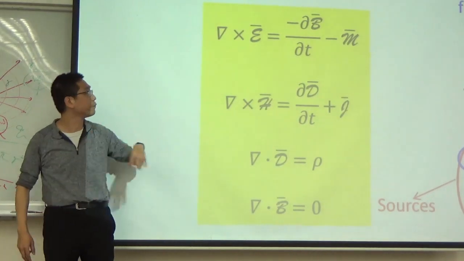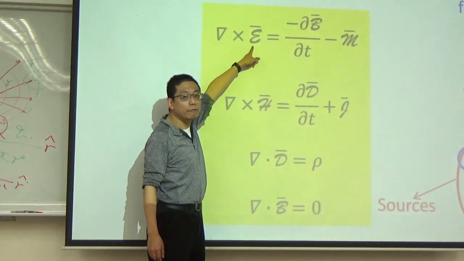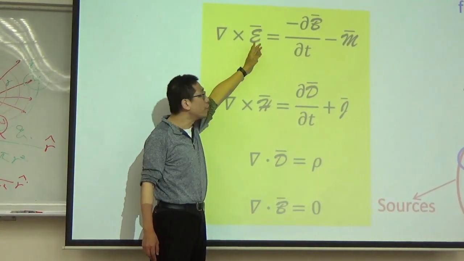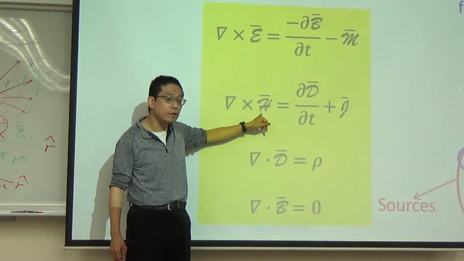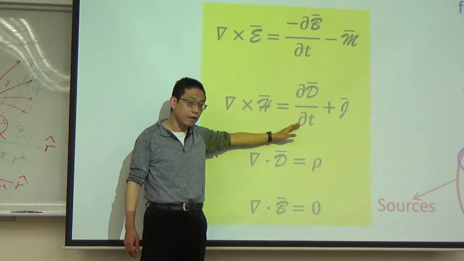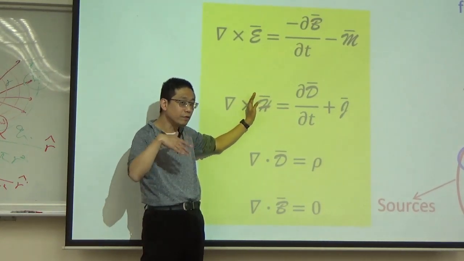Okay, vector function. If you take the curl of the E field, it will become something. If you take the curl of the H field, it will become something. Those are okay. But the second part is a little bit different.